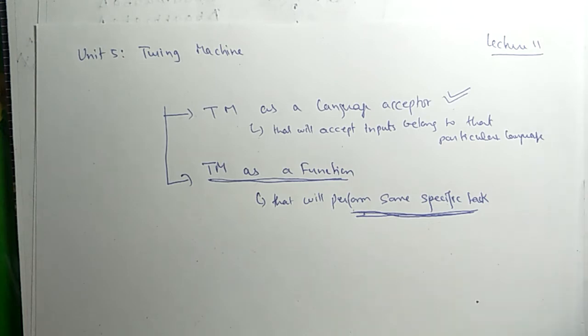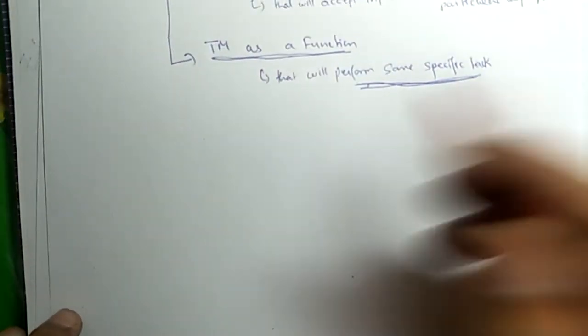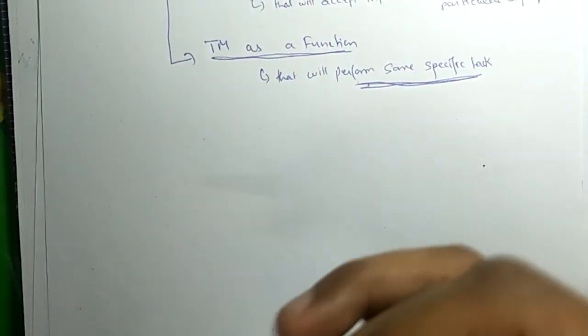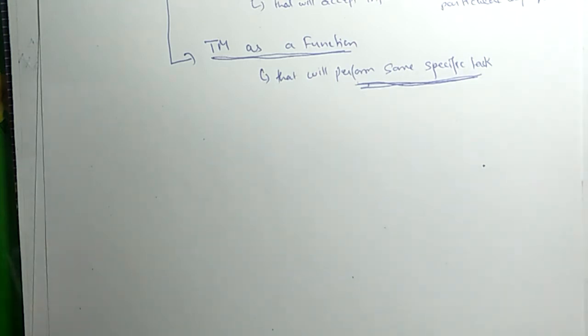We can design a Turing machine for that particular problem. Here we will look at some examples and we will increase the level of problems as we move to other lectures. Lecture by lecture we will add some complexity to the problems.